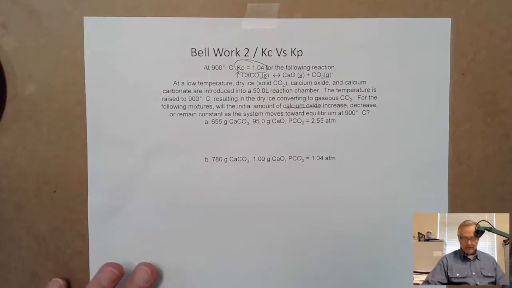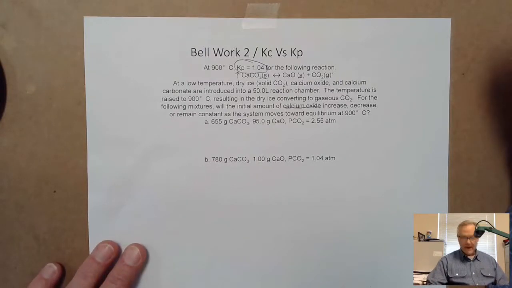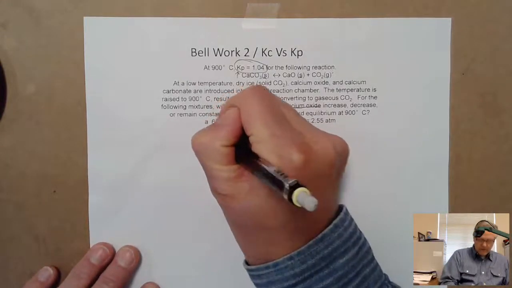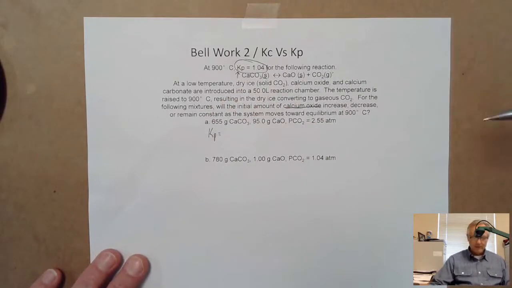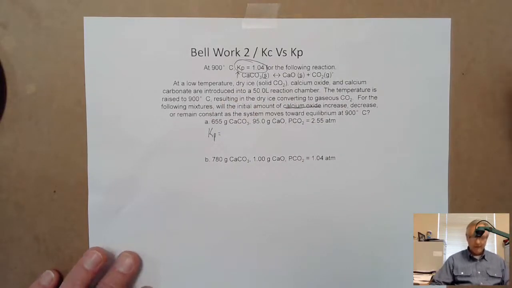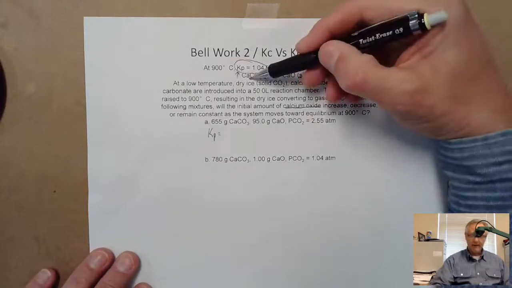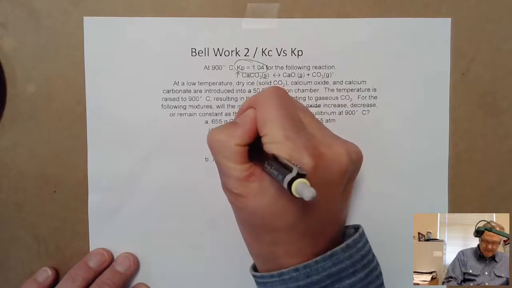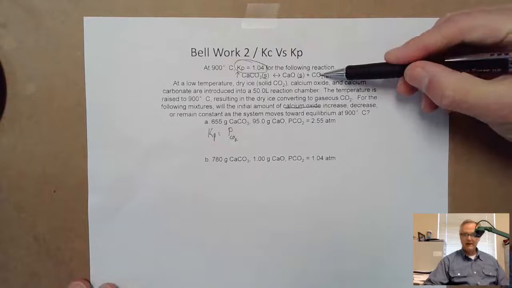So what I want to do is first simply address this just like we did in yesterday's class, and write out the KP. The KP is going to be the pressure of my products compared to the pressure of my reactants, and in this case I only have one of my products that comes into play.